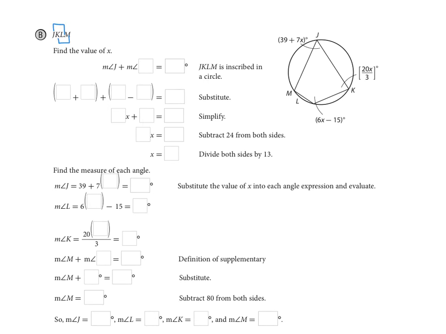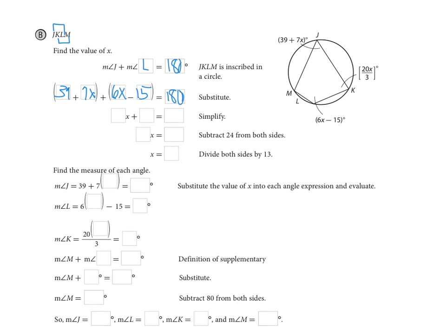So first we're going to take the J and the L as opposite angles, and we know that they add up to 180. So substitute in what we know those algebraic labels are, which is 39 plus 7x plus 6x minus 15 is going to equal 180.